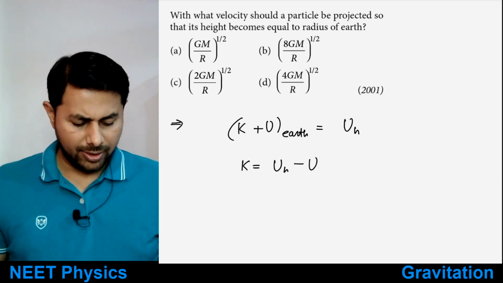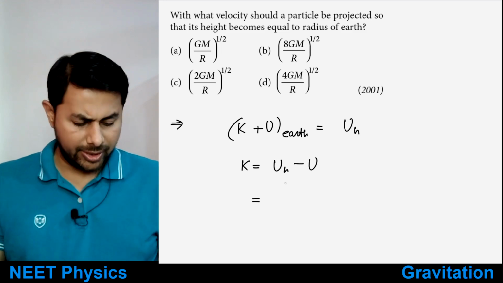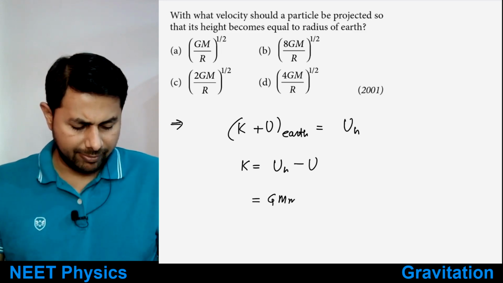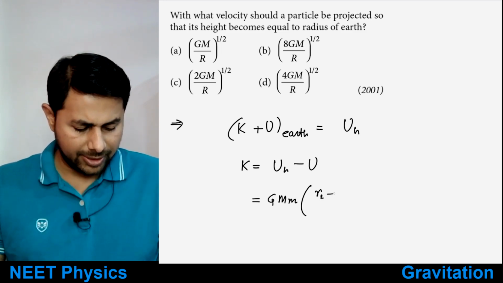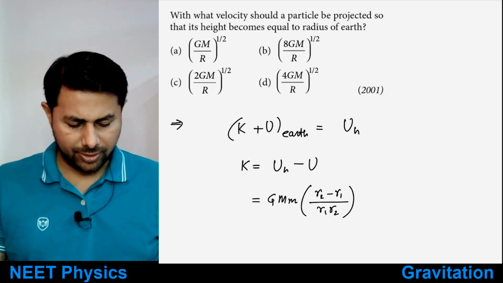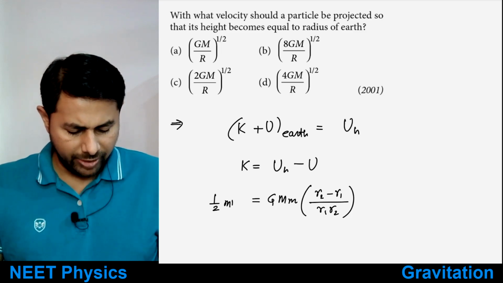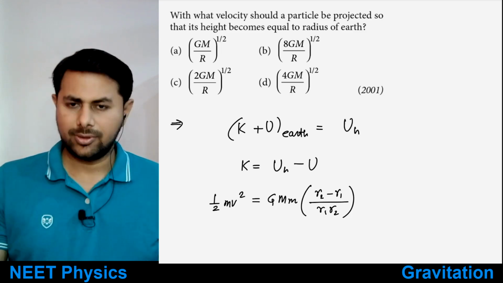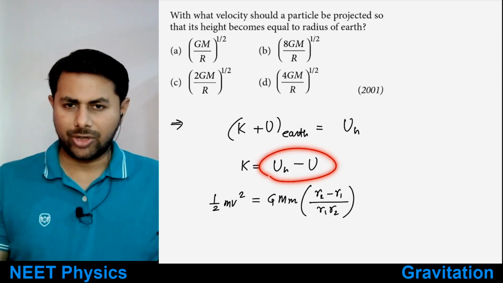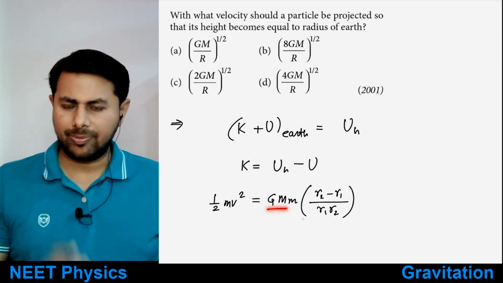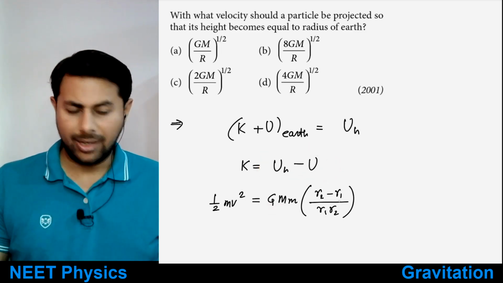Then we have this formula for U: GMm times (r2 minus r1) divided by r1 r2. So this must be kinetic energy, which is equal to half of mv square.